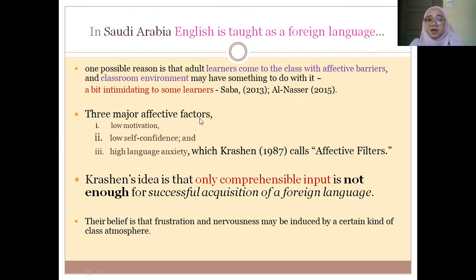The three major affective factors behind them are low motivation, low self-confidence, and high language anxiety, which Krashen in 1987 calls affective filters. Krashen's idea is that comprehensible input alone is not enough for successful acquisition of a foreign language. The belief is that frustration and nervousness may be induced by a certain kind of class atmosphere.